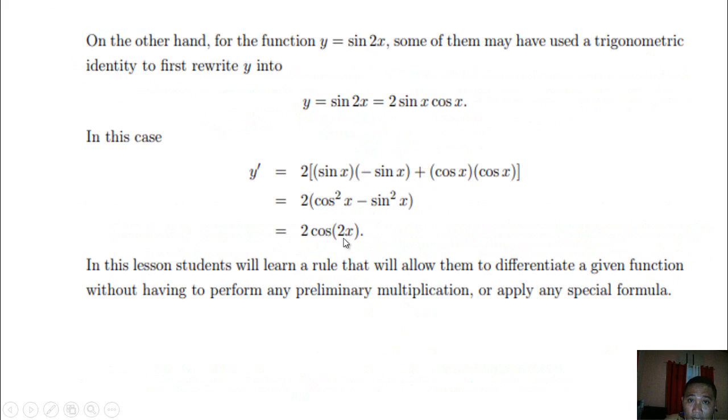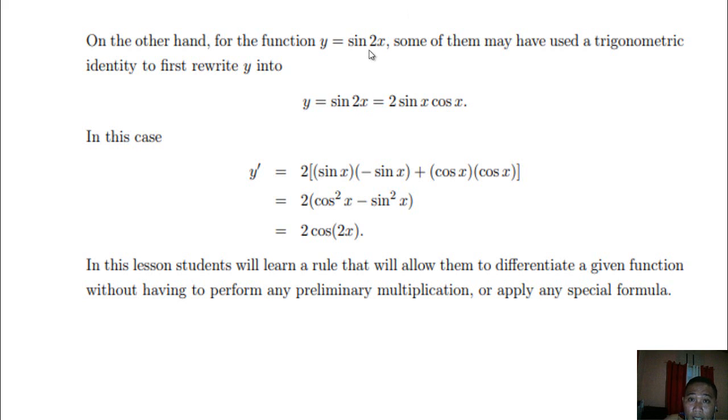So, this is it. But if you're going to use the trigonometric identity, the sum of sine A plus B is sine A cos B plus sine B cos A. If we have sine 2x, that is sine x cos x plus sine x cos x, or you get 2 sine x cos x, which is handled by the product rule.